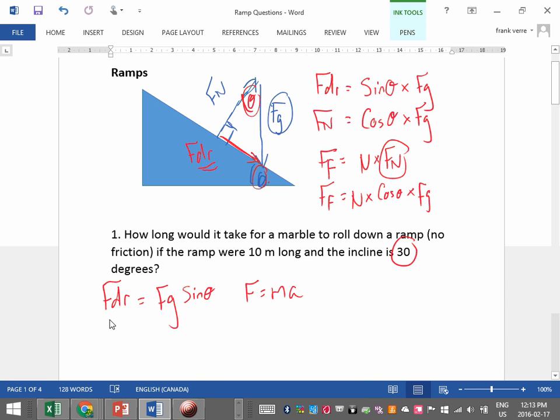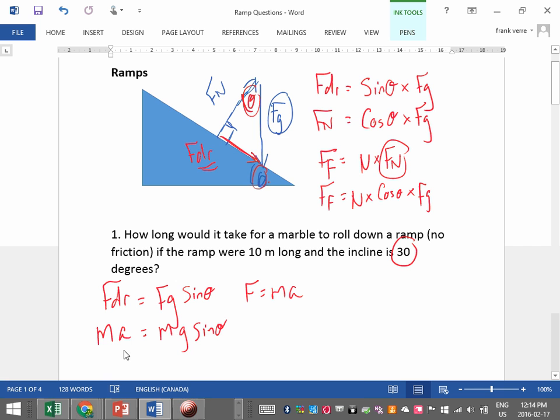So the force down the ramp is the same as the mass of the marble times the acceleration down the ramp, which would be equal to the mass of the marble times g, which is 9.8, times sine theta.